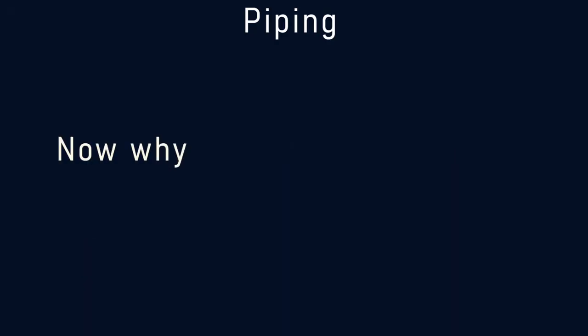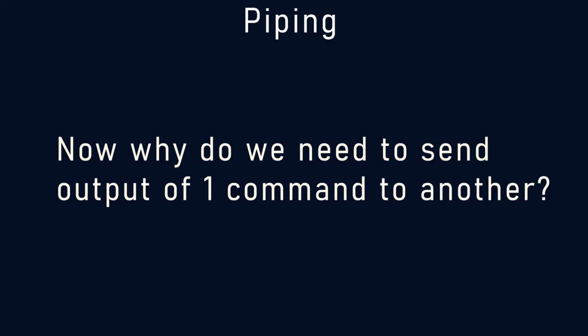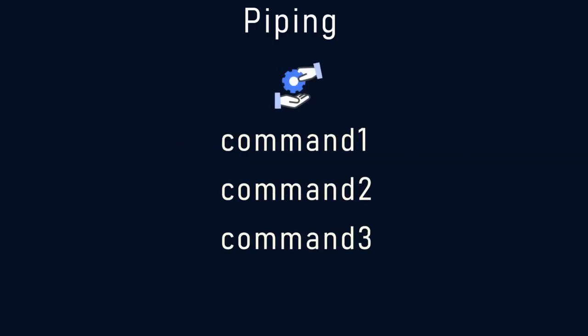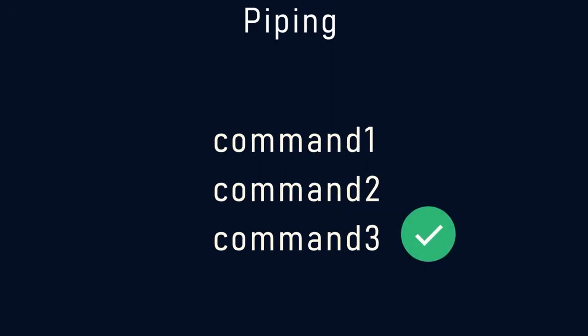Now, why do we need to send the output of one command to another or share data between them? Well, sometimes we have to use multiple commands or tools to complete complex tasks. When you use different commands separately to get a single task done, it is a time-consuming process, right?